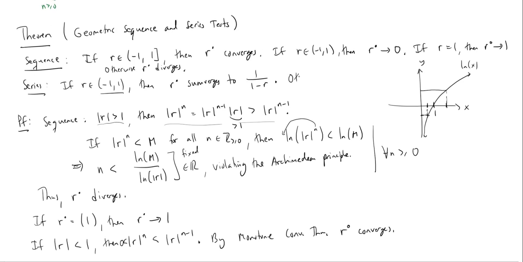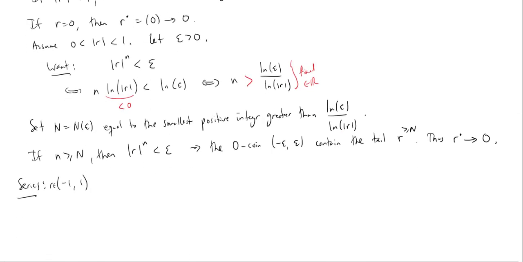Otherwise, the series of r to the n diverges. So what we're going to do is play a classic game. So r is in here, or equivalently, the absolute value of r is less than 1, whatever we like.